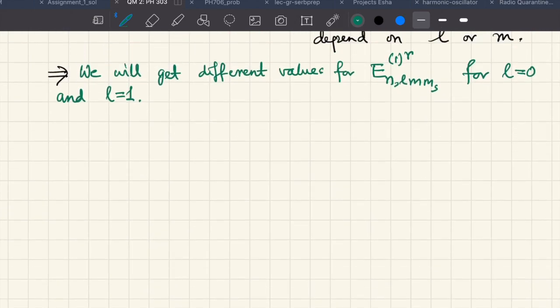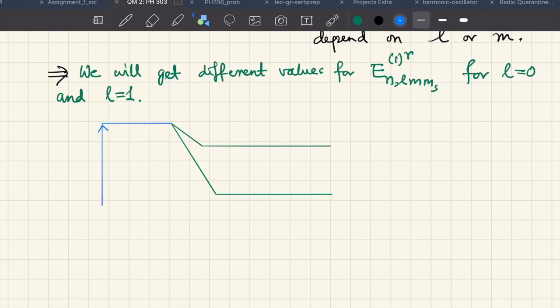It looks something like this. So we have this breaking of the levels. Although initially we had this, let me draw these lines carefully.